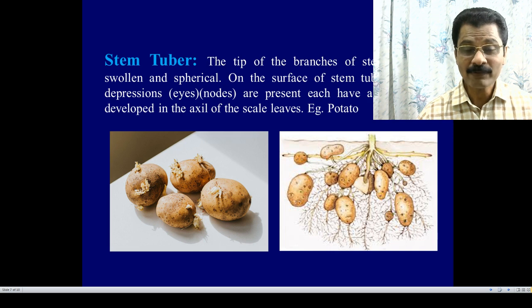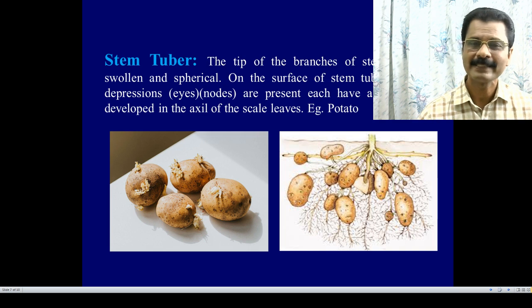This type of stem branches a number of times, and the tips of these branches store food material and become swollen and spherical. That is why it is called stem tubers.